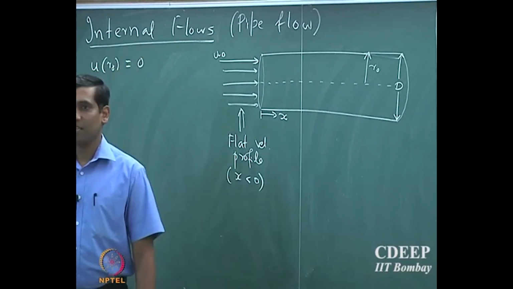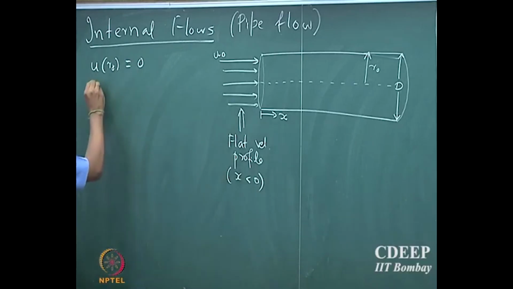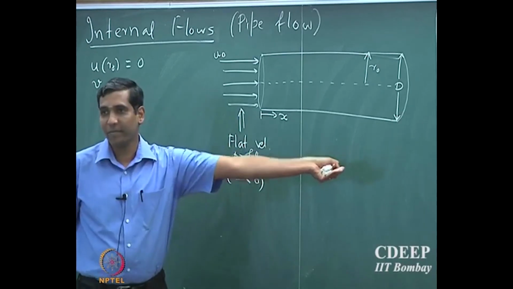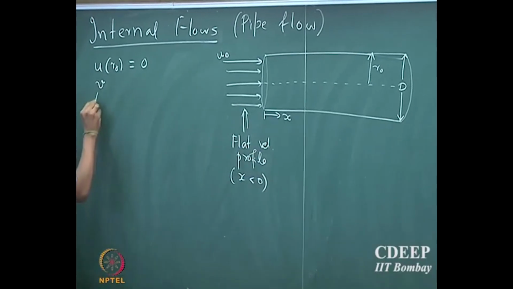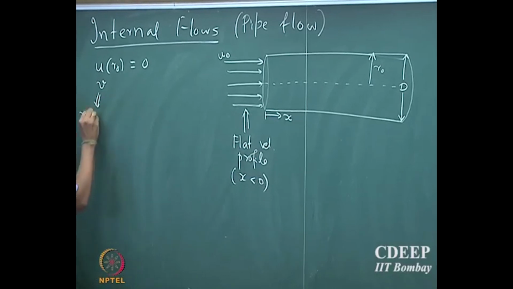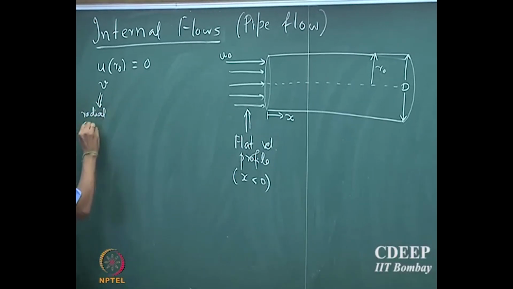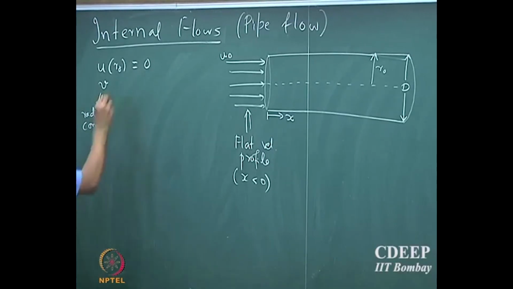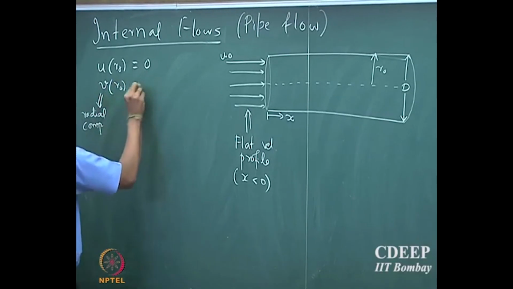Now suppose v is the radial velocity component, and u is the x component velocity. Of course v at r naught is also 0.